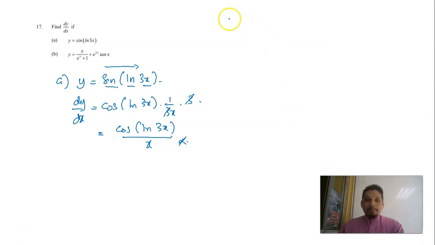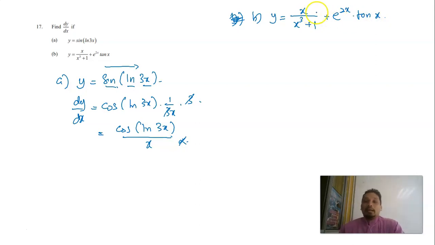Now question B. Okay, so then y equal to x divided by x cubed plus 1 plus e power of 2x multiplied with tangent x. Okay, there are two separate functions here.